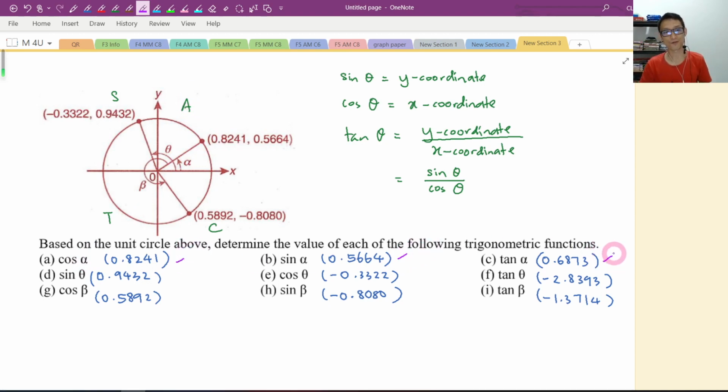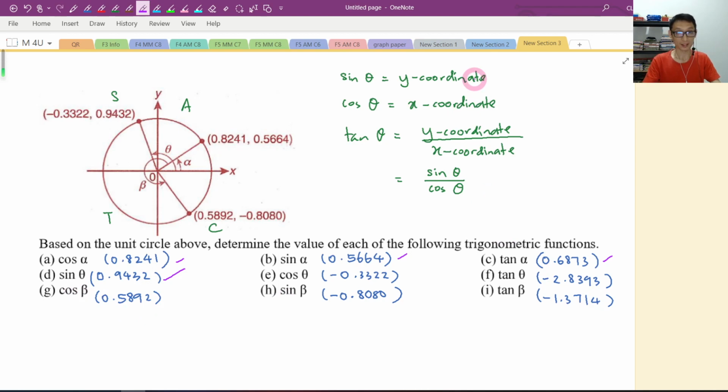Okay, this theta is in the second quadrant, only sine positive, the rest will be negative. Now we go to the fourth quadrant, which is beta. According to the rules of ASTC, in this quadrant only cosine positive, right? You see, cosine positive, the rest negative.